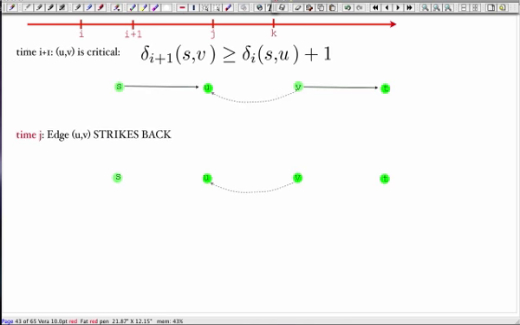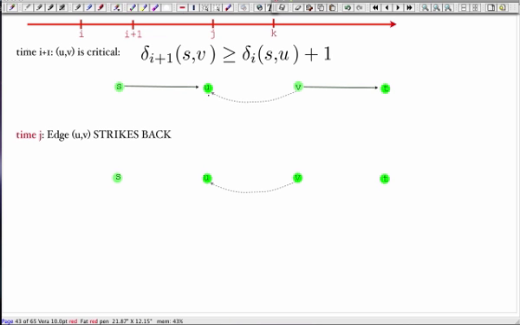That edge gets reversed. Okay? And now, the edge from UV no longer exists. How can it become critical again? What is the first step that has to happen before UV can go critical again?